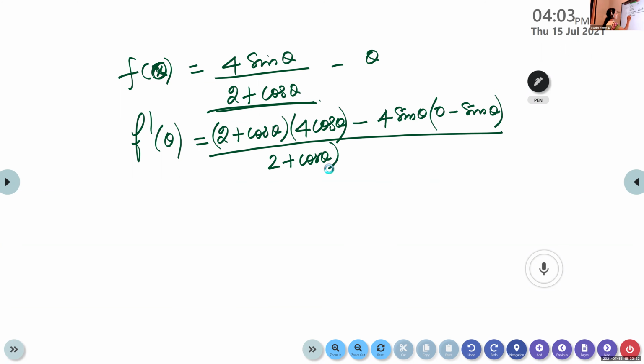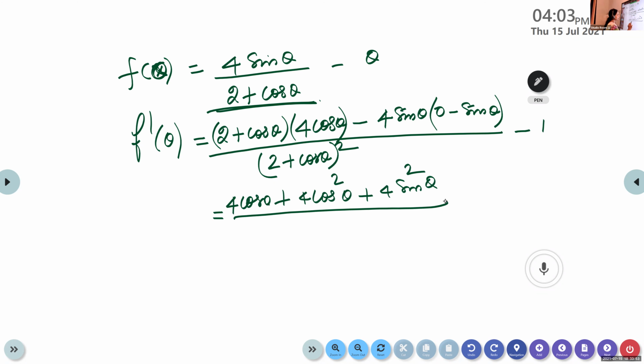By the denominator, 2 plus cos theta the whole square. So when we open the bracket, we will get 4 cos theta plus 4 cos square theta minus into minus plus 4 sine square theta by 2 plus cos theta the whole square. Now look at the numerator, 4 cos square theta plus 4 sin square theta. We can take 4 as common and use the identity cos square theta plus sin square theta equals 1.